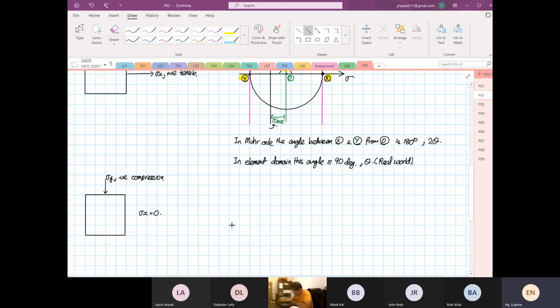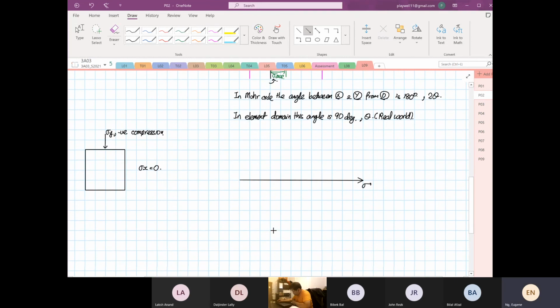Then, this is your transformation. This is your normal stress, right? And then this is your shearing stress. Element rotate clockwise, element rotate anti-clockwise, and we know that this line is our stress X line.